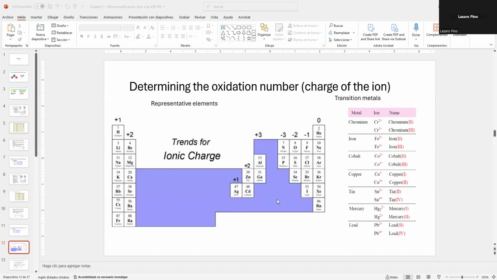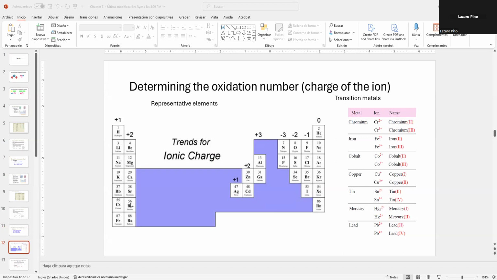Look at this. All the elements in group 1 will present only one type of charge, that is +1. Then every time you observe that the cation is hydrogen, lithium, sodium, potassium, rubidium, cesium, or francium, you can be sure that the charge of these is +1.